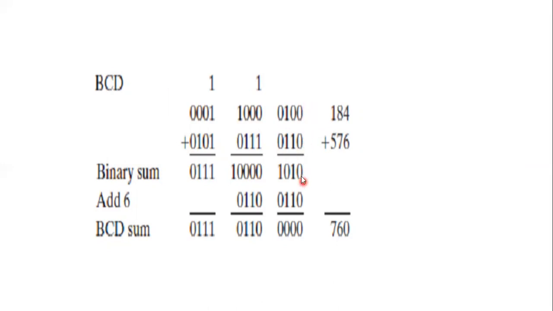0 plus 0 is 0, 0 plus 1 is 1, 1 plus 1 is 0, carry 1. So 1 plus 0 is 1. 0 plus 1 is 1. Then 1 plus 1 is 0, carry 1. 1 plus 1 is 0, carry 1. 1 plus 1 is 0, carry 1. So we put the carry here.